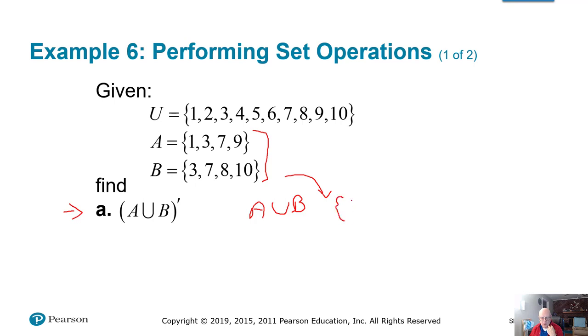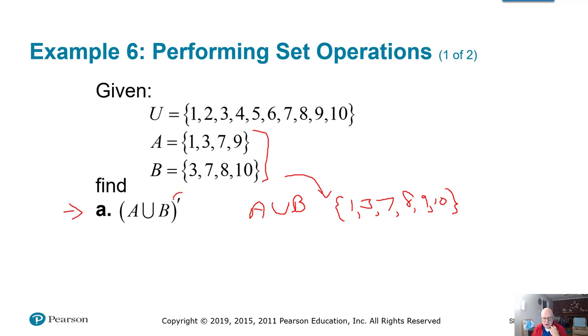That'll give you 1, 3, 7, 8, 9, and 10. Now that's part way. That's what the inside operation does.